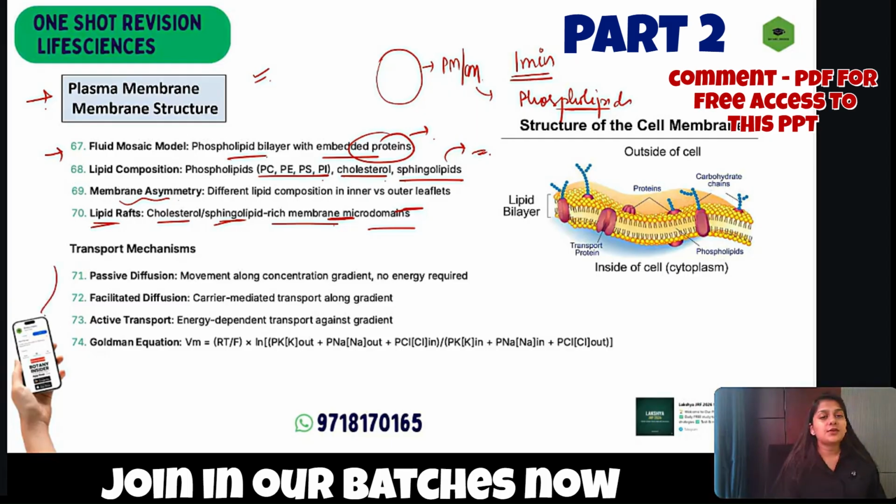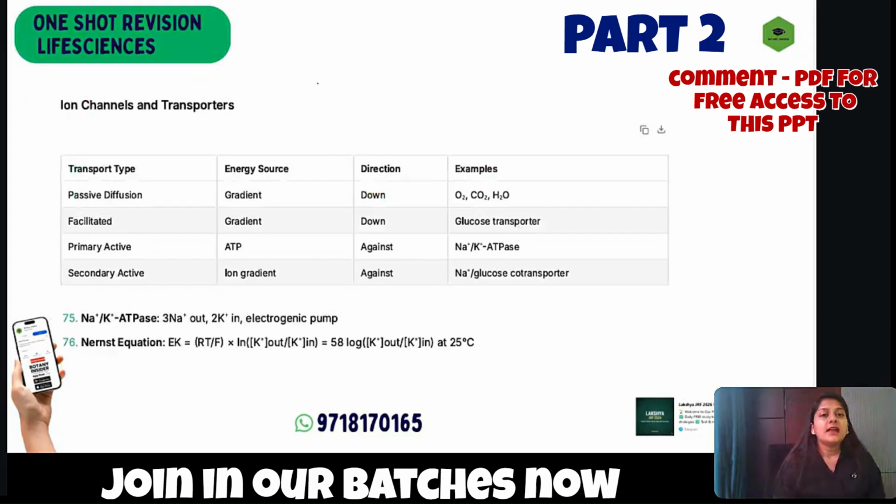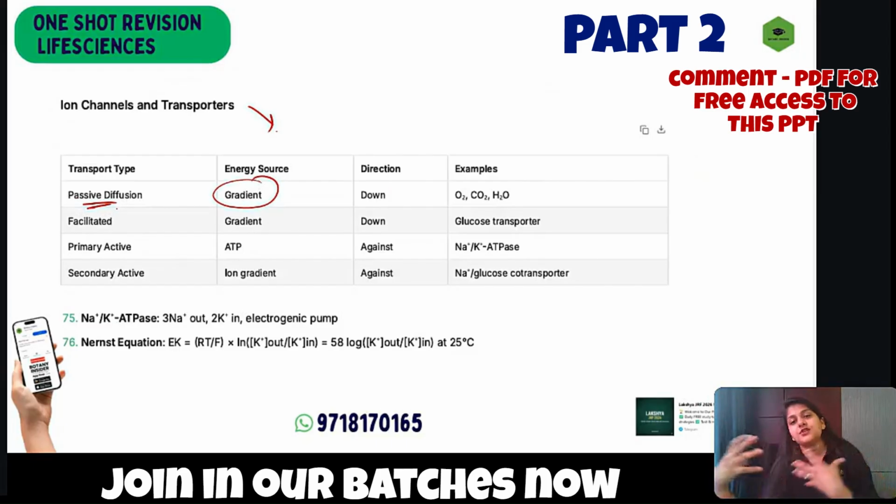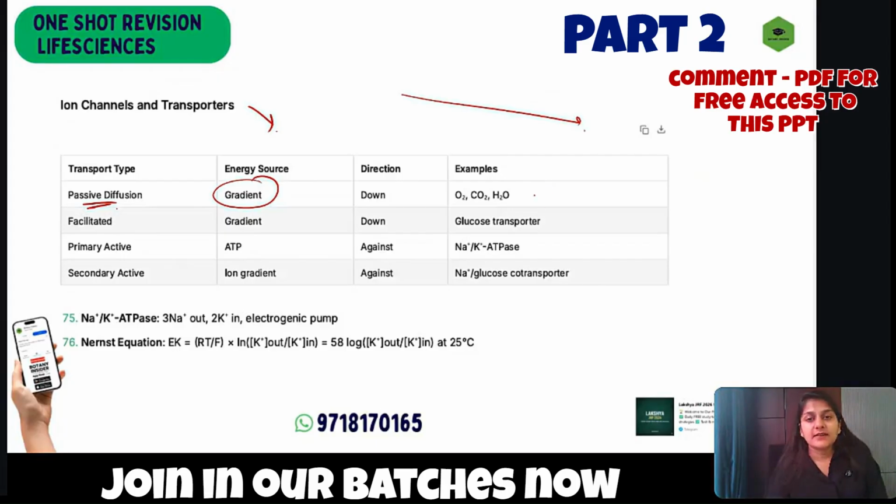Then if I talk about the transport mechanism, it can occur via passive diffusion, facilitated diffusion, or active transportation, based upon what needs to be transported and what the requirement is. Then we have ion channels and transporters. Passive diffusion works based upon the gradient, from a high potential towards a low potential. The direction is the downward gradient, high to low, and we have examples as well.